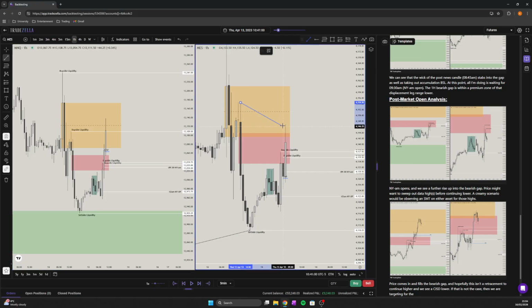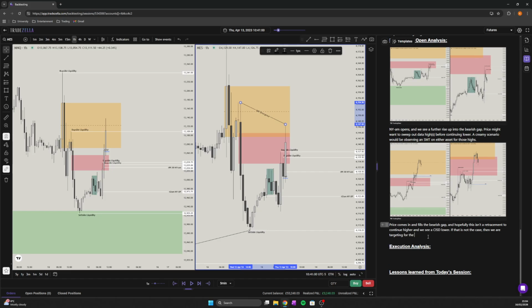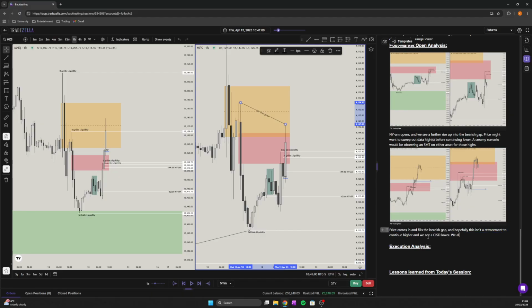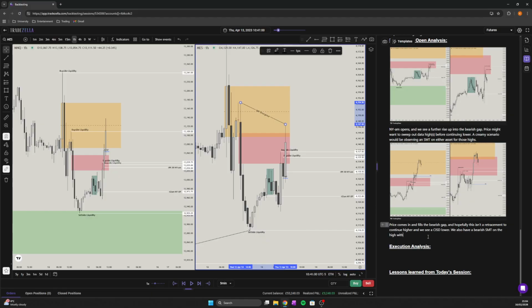We have an SMT right there, right? We also have a bearish SMT on the highs within the time frame order block.